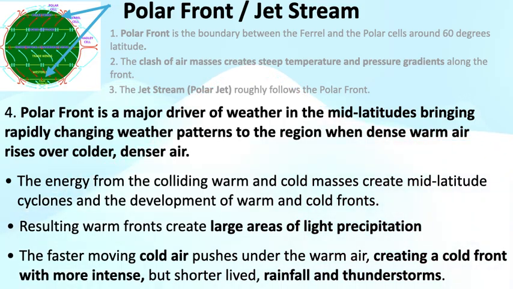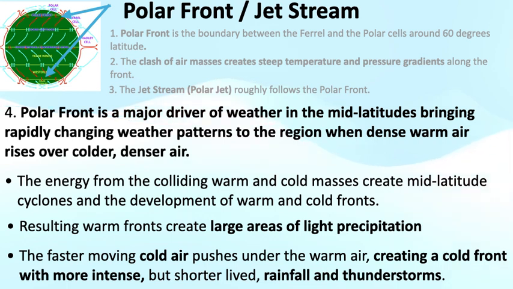The other thing is the polar front is a major driver of weather and the corresponding jet stream. In the mid-latitude area, it's bringing rapidly changing weather patterns, as you know, if you live in this region like I do. And when the warm air rises over the cooler and even denser air, the energy from these colliding warm and cold masses creates mid-latitude cyclones and the development of warm and cold fronts.